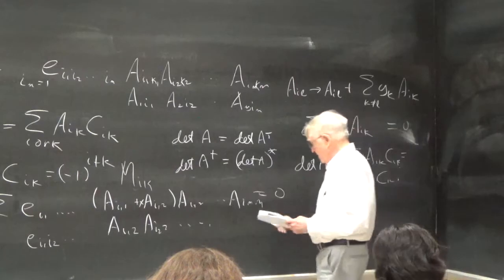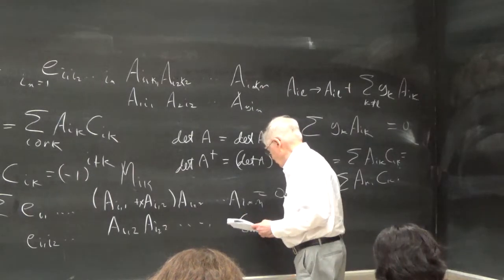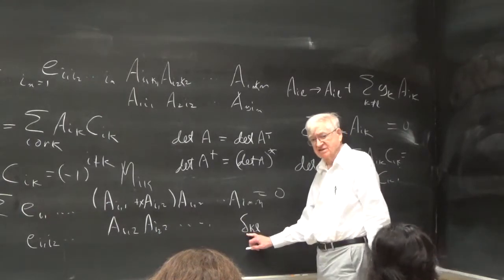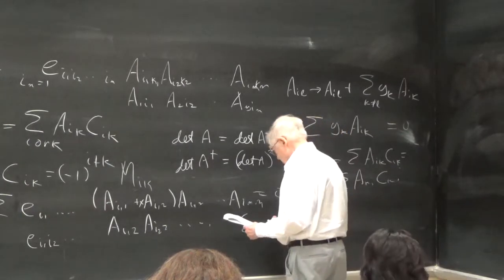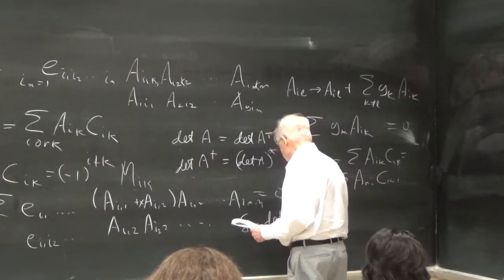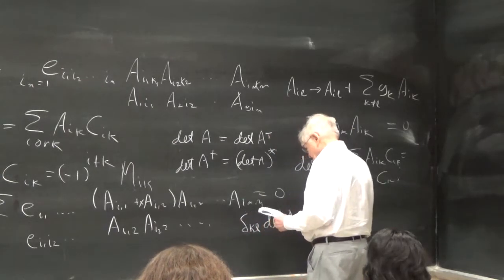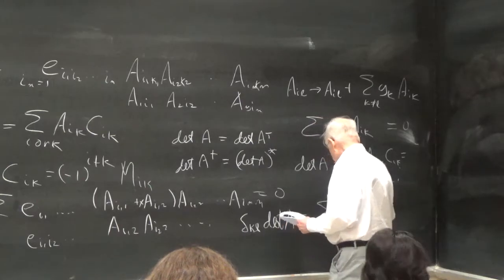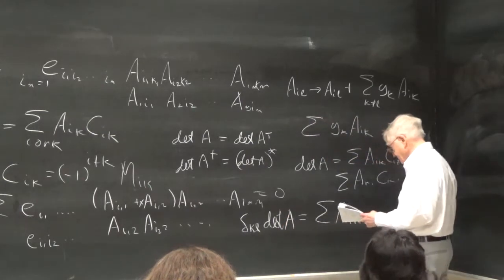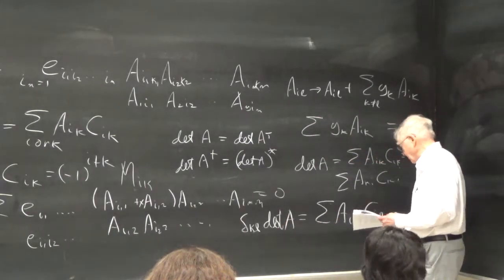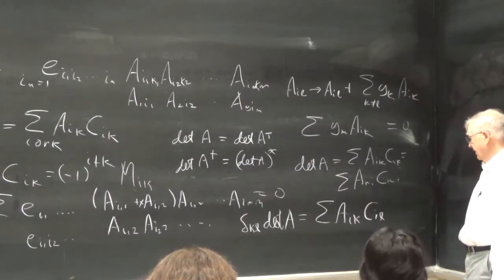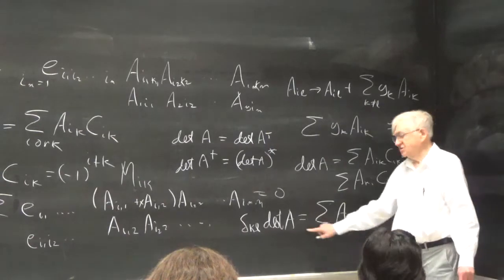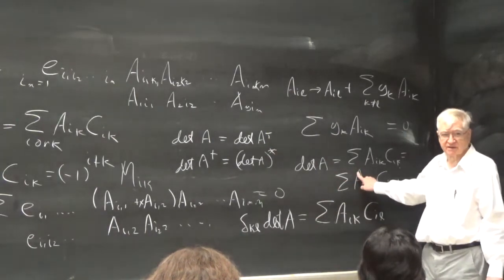And what you can show is that delta_kl, which is 1 if k is equal to l, 0 otherwise, times the determinant of A is equal to the sum a_ik c_il. Okay. Now, if l is equal to k, this is just the formula for the determinant again.